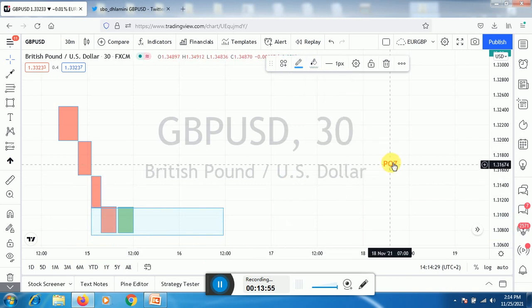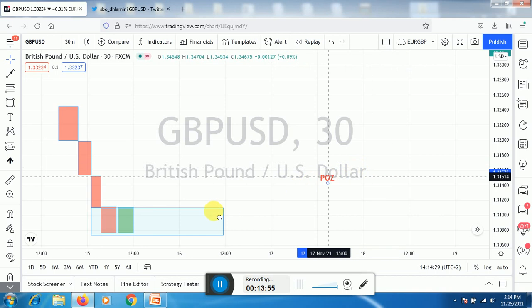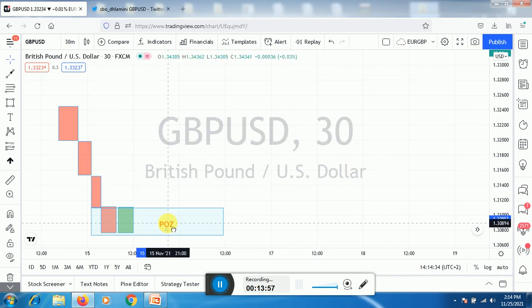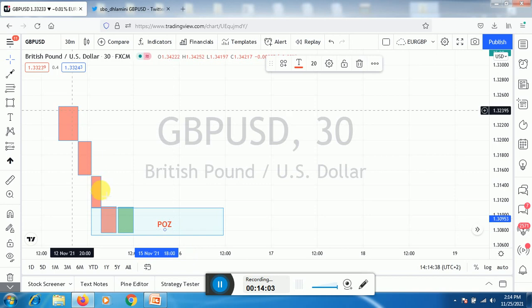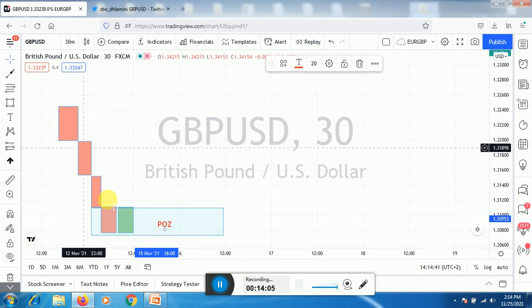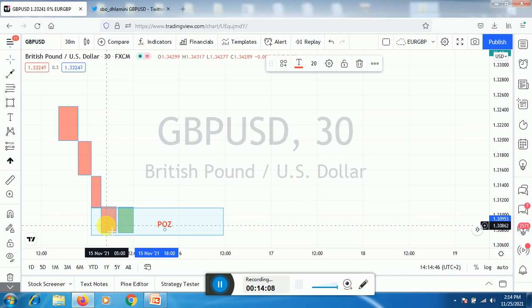And then let's put this pause back here. So this is our pause zone. It's 4 large bearish candlesticks, and then the last bearish candlestick forms the bullish order block.